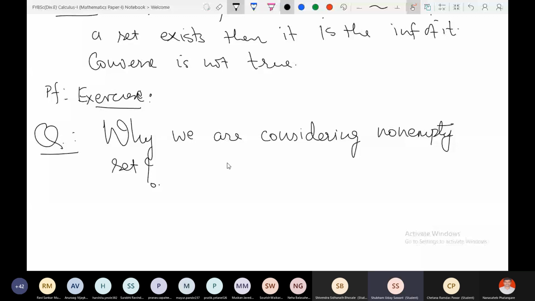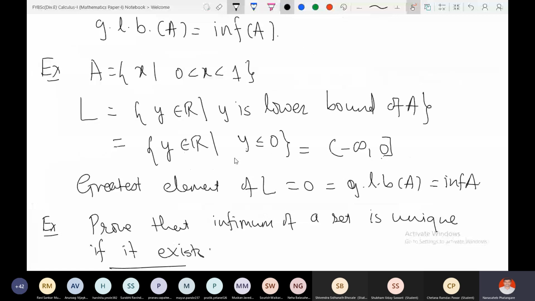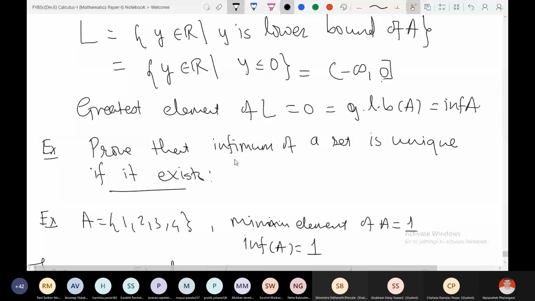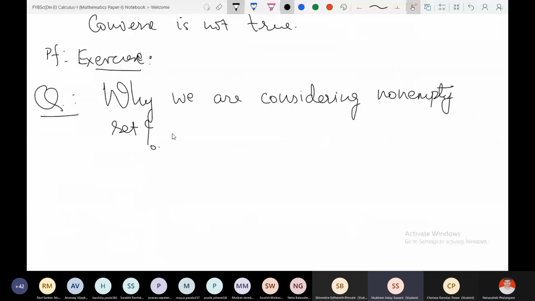An empty set is unbounded. It cannot be bounded by two elements. Why is the empty set unbounded? There is nothing, so what is the problem? Natural numbers are unbounded because if you take any number, you can find a bigger number than that.